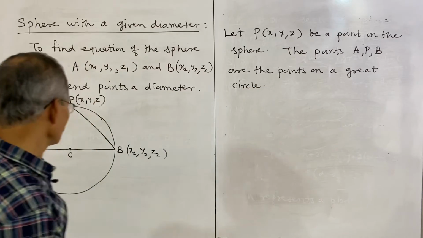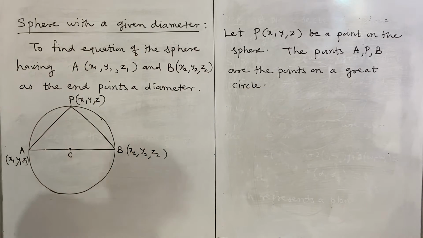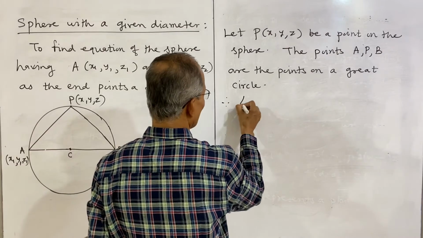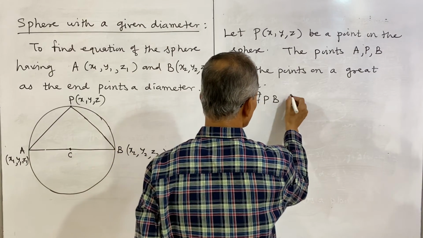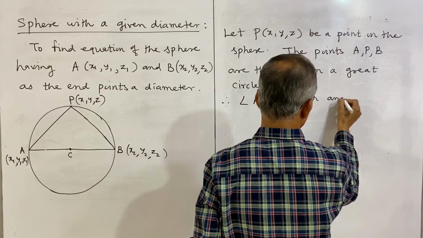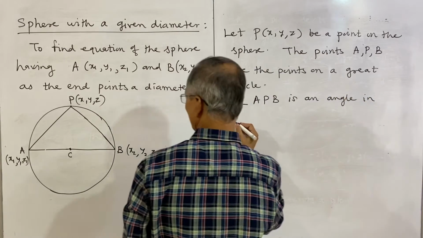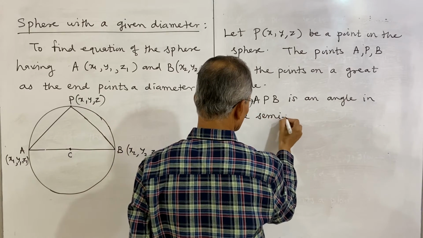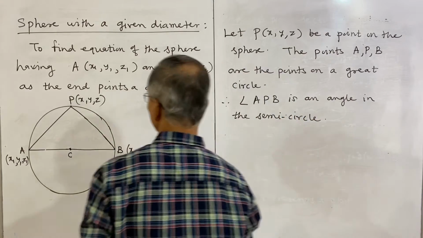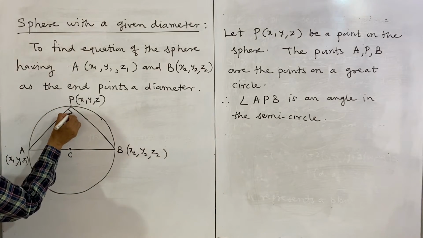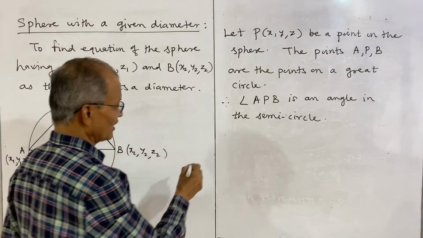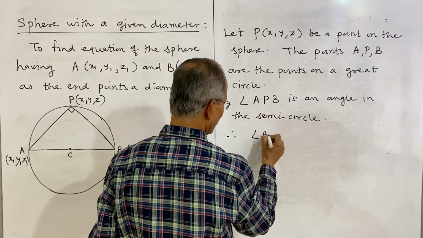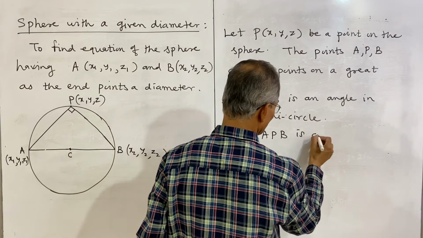It is a section of the sphere passing through the center, and therefore angle APB is an angle subtended in a semicircle, and we know the angle in a semicircle is a right angle. So angle APB is a right angle.